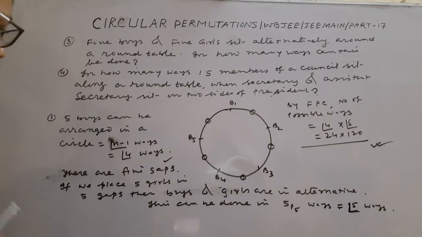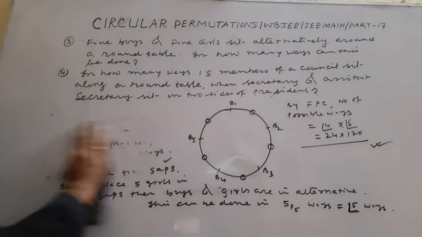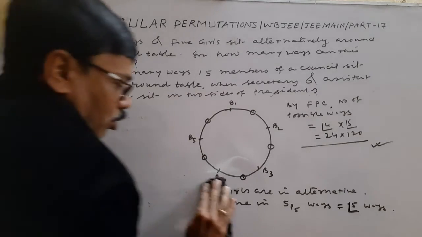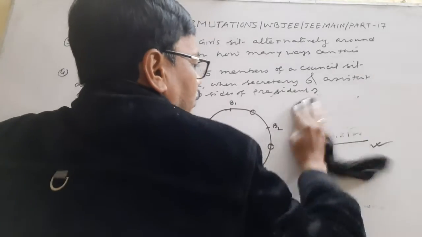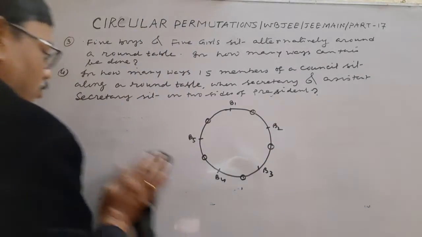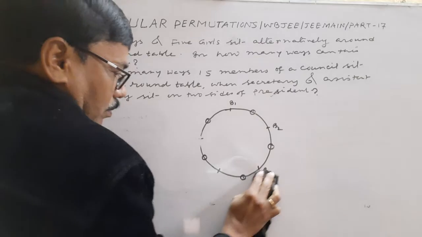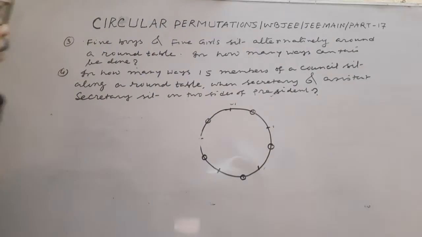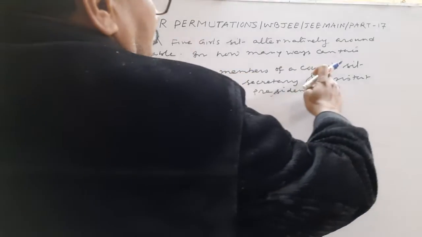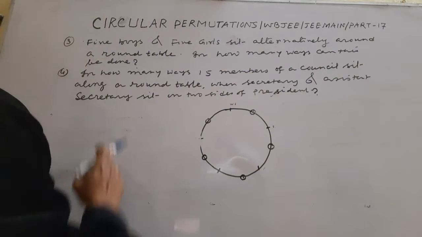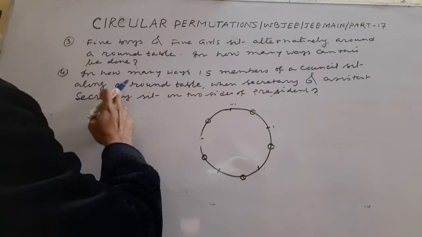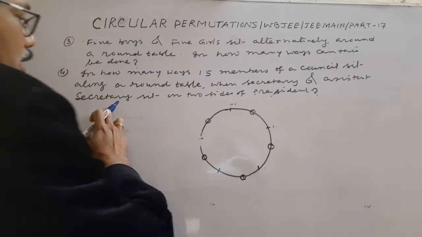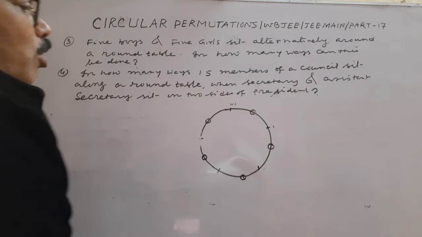Now the second one, there is a restriction. Look at the second problem. In how many ways can 15 members of a council sit along a round table when the secretary and assistant secretary sit on two sides of the president?